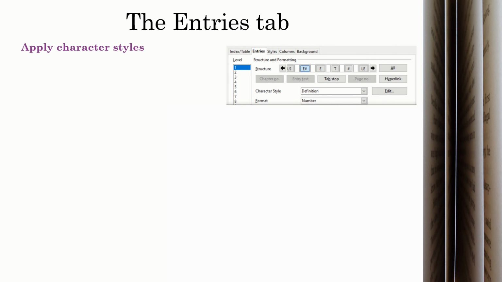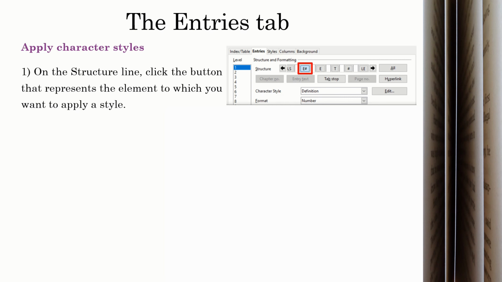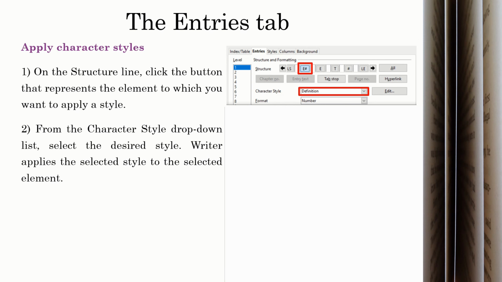We can also apply a character style and make it a little colorful. So to do that, we can select a particular level of heading, click on the element which you want to modify or to which you want to apply a style, and from the character style drop down list, select the desired style.